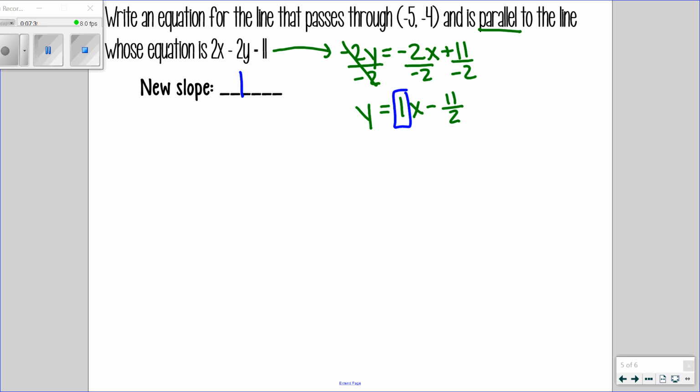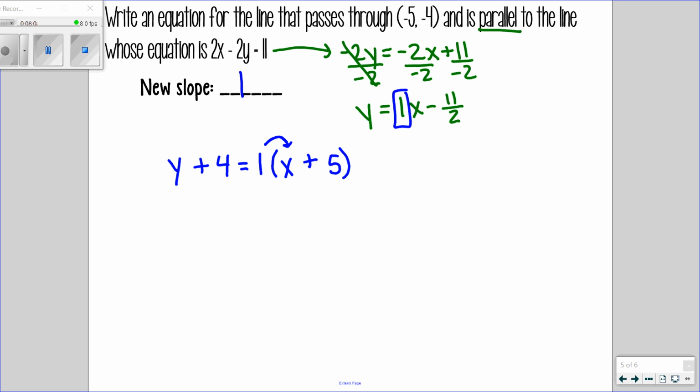So now we have a slope, and we have a point, and we can go ahead and write an equation in point-slope form. So we have y minus negative 4 is equal to our slope, which is 1, times x minus negative 5. And again, let's change both of these two negatives to a positive, two negatives to a positive.